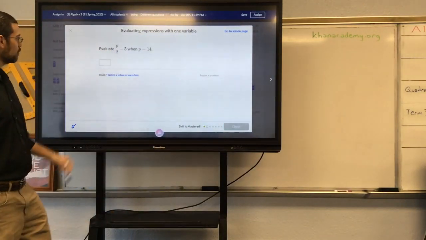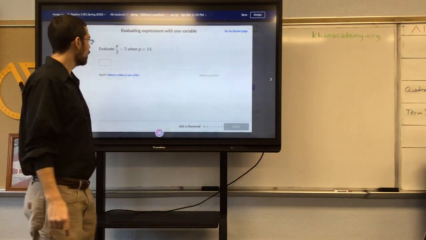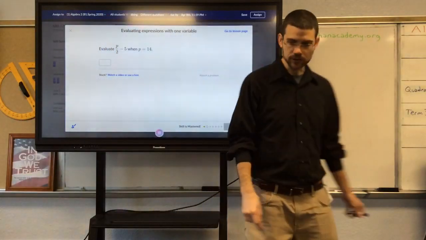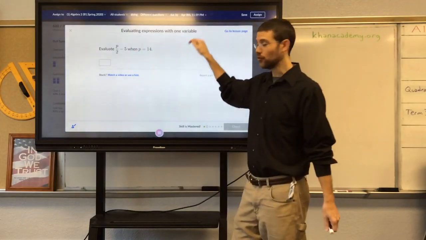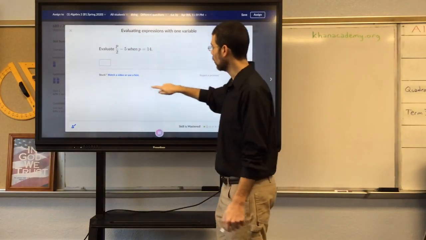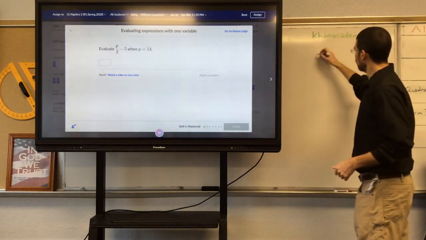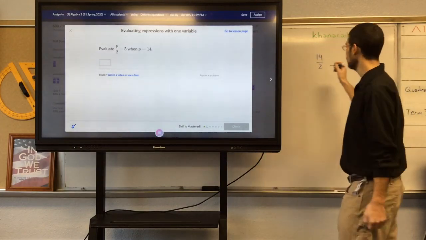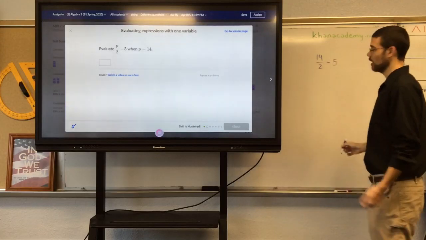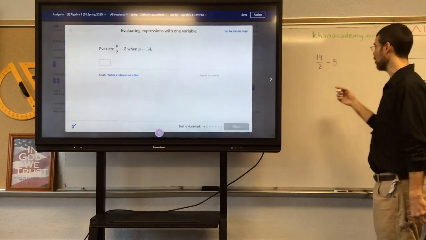Next question, evaluate p divided by 2 minus 5 when p equals 14. Okay, so when p is 14, I can substitute 14 for p. So I'll write 14 divided by 2 because p is 14, and then minus 5. And I'm going to evaluate or simplify that expression.